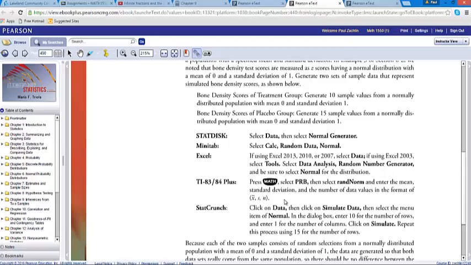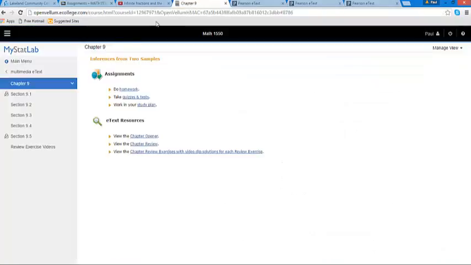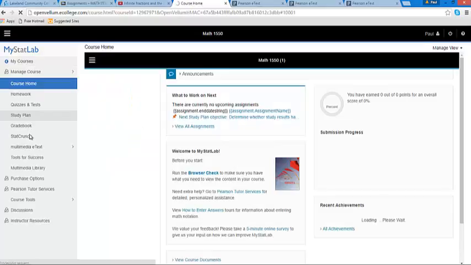So what they tell me to do is click on Data, click on Simulate Data, and select the menu item of Normal. We're going to generate 10 sample values from a normal distribution with a mean 0 and standard deviation 1. Okay, so I'm going to launch StatCrunch here. And to get there, I'm going to go to the main menu of my StatLab.